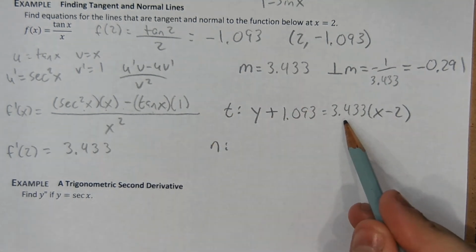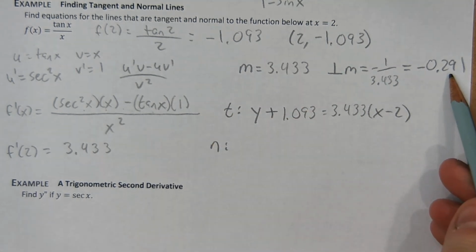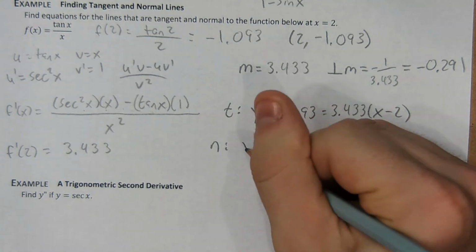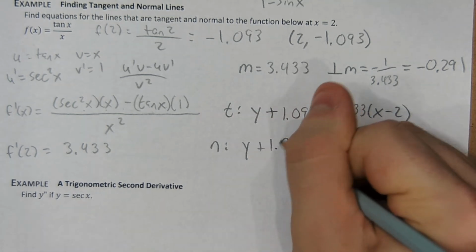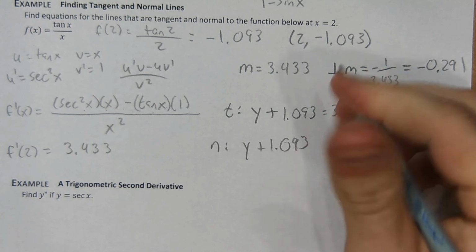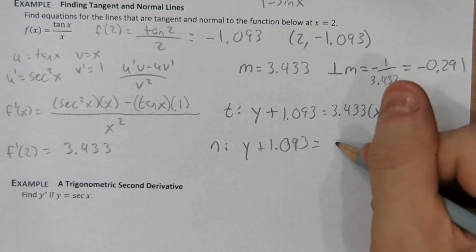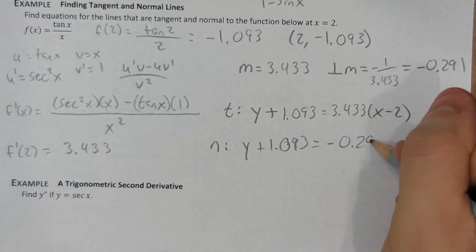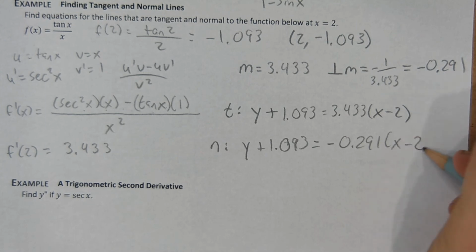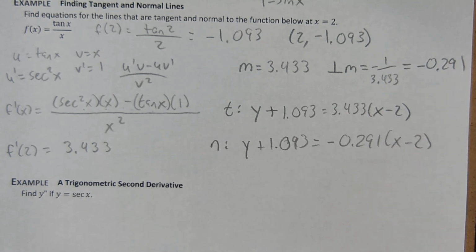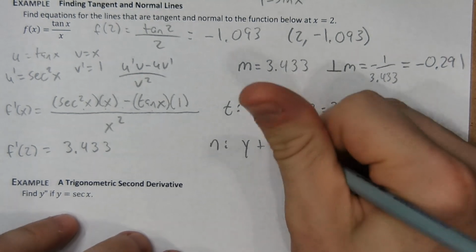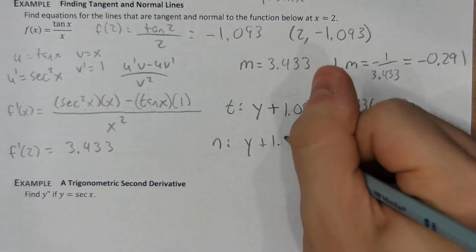You use the perpendicular slope, so we're going to drop the negative 0.291 right there. And there's absolutely no reason to get that into slope-intercept form, because who cares, right? We weren't told to.